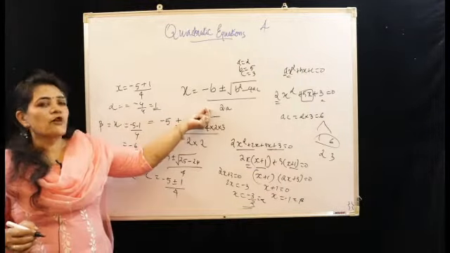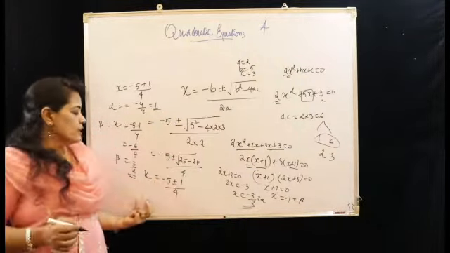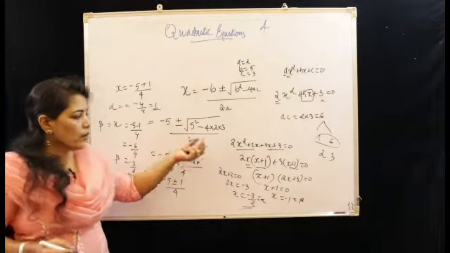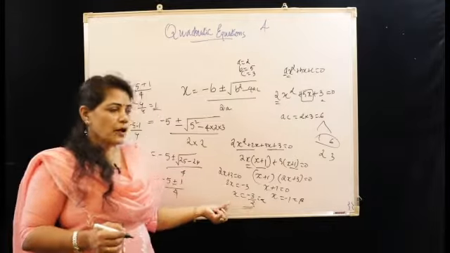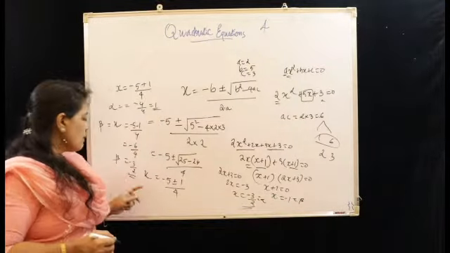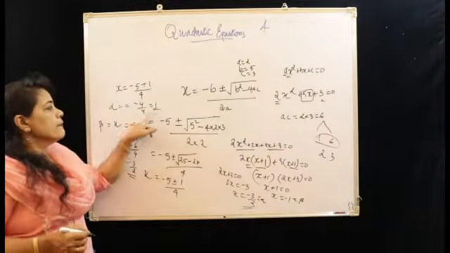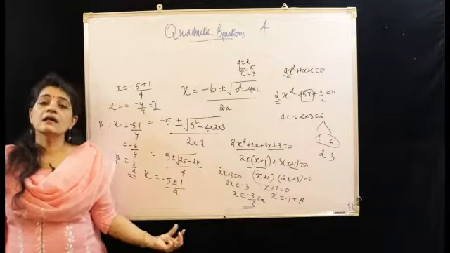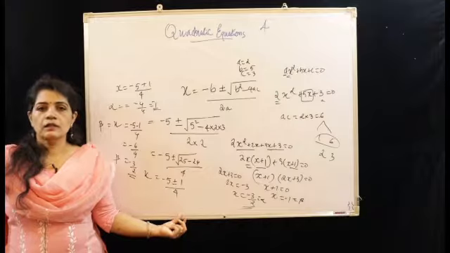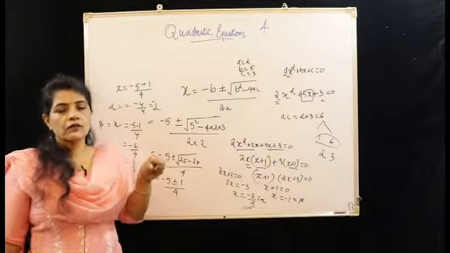If you know this formula correctly, see children how easy it will be, you can avoid all these steps. See children, both cases you got minus 3 by 2 and minus 1. So these are the roots of the quadratic equation using the quadratic formula.